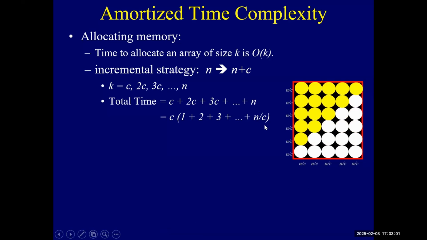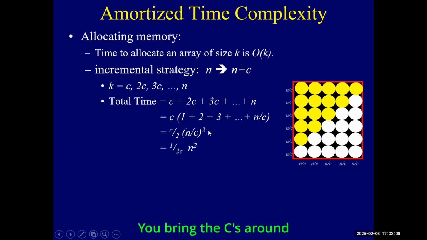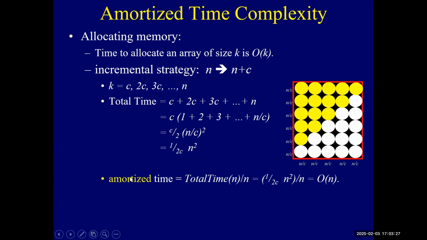You add this all up, and you get n squared over 2c, with the c on the bottom. How many operations did we do? n. So what's the amortized time? Order n. Everybody got that? Order n, that was bad.